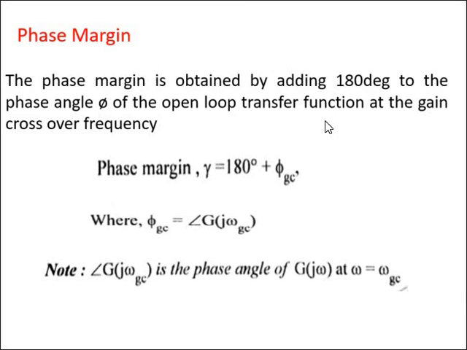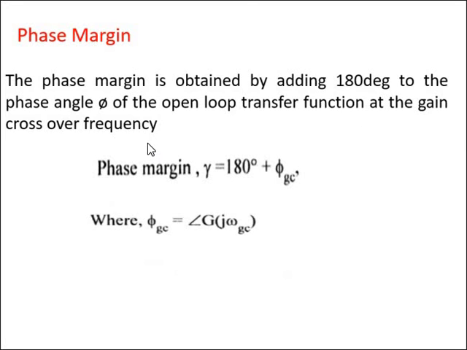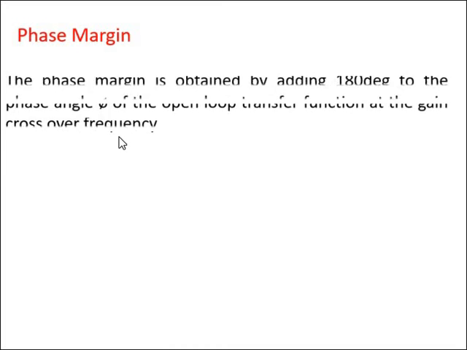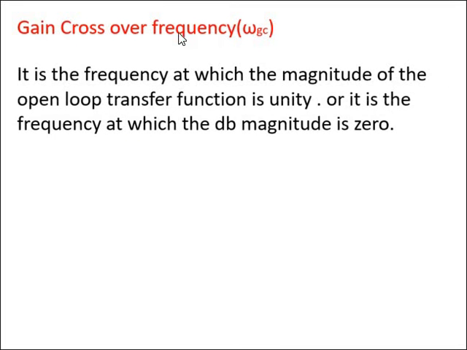Here one more definition is included, that is gain crossover frequency. So in gain margin, phase crossover frequency is there. In phase margin, gain crossover frequency is there, omega gc. So here a little bit of confusion: gain crossover frequency, phase crossover frequency, gain margin and phase margin.